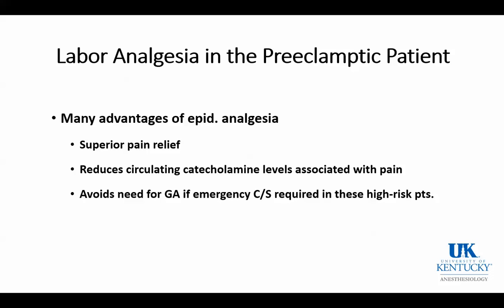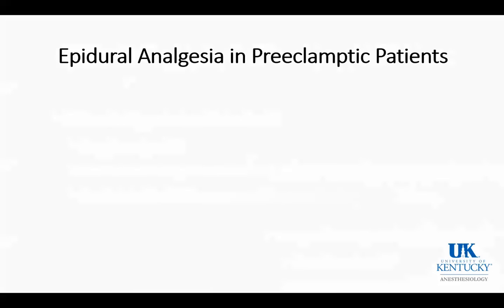Also, it avoids the need for general anesthesia if you have to do an emergency cesarean delivery in these high-risk patients. And that's going to be not just the airway issues that we talk about in all of our parturients, but also concerns about severe hypertension as a result of responses to laryngoscopy and intubation. So those are some of the advantages.